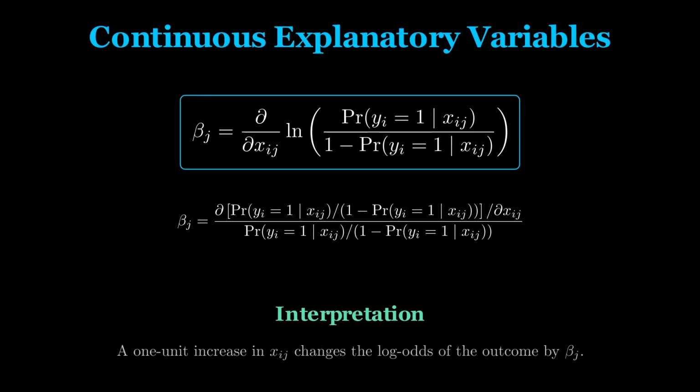The takeaway is the same in both forms. The regression coefficient beta j represents the change in the log odds of the outcome for a 1-unit increase in the continuous explanatory variable. Equivalently, a 1-unit increase multiplies the odds by e to the beta j.